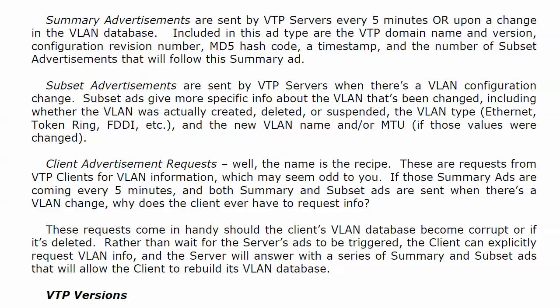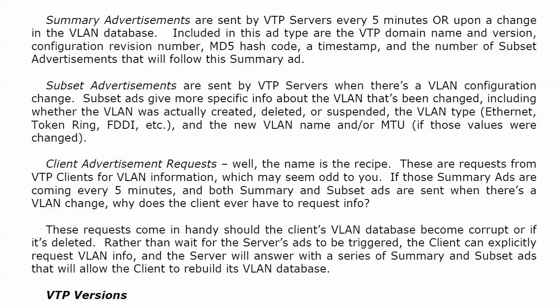They are requests from VTP clients for VLAN information. But aren't they getting enough information already from summary and subset advertisements? Well, these requests come in handy should the client's VLAN database suddenly become corrupt or if it's actually deleted.